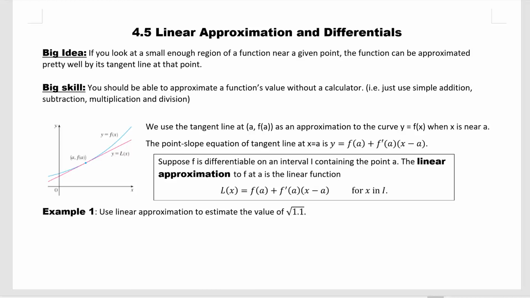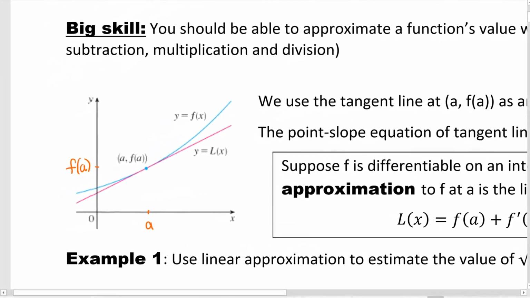Okay? So we will use the tangent line at a point as an approximation to the curve where x is near a. Okay, so we look at this picture. You can see here this is a. This is f of a. Alright, if we zoom in, can you see this region?